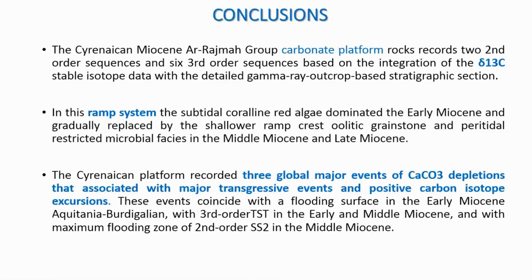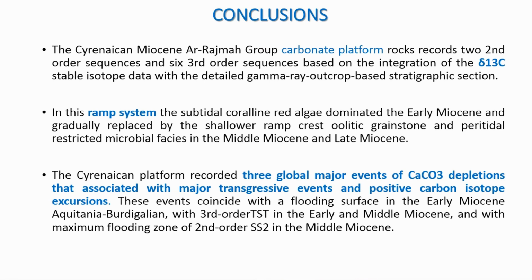To talk about the last slide of the conclusion, the Cyrenaican Miocene Ar-Rajmah Group carbonate platform rocks record two second order sequences and six third order sequences based on the integration of delta carbon isotope data.